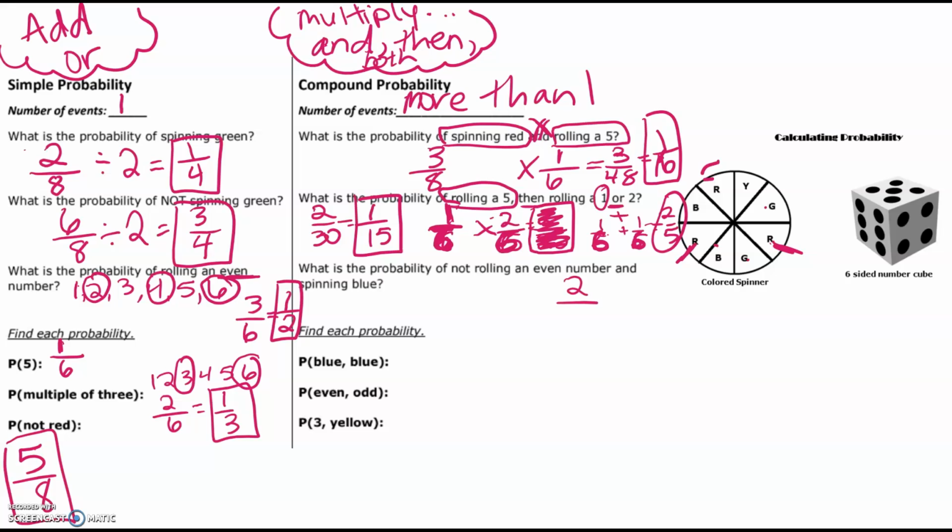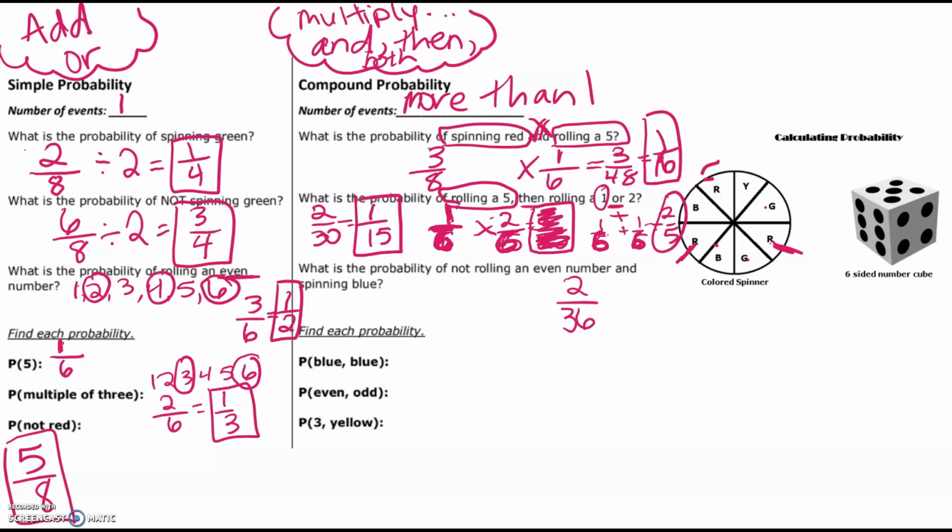2. 6 times 6 is 36, which you can still simplify. Okay, because let me double check that one real fast. We have our 5, which is 1 chance out of 6, times for then, which is still true, and then rolling a 1, which is 1 out of 6, or a 2, which is 1 out of 6. So the common denominator stays the same, and it's going to be 2 out of 6.